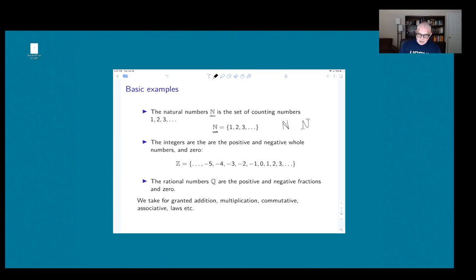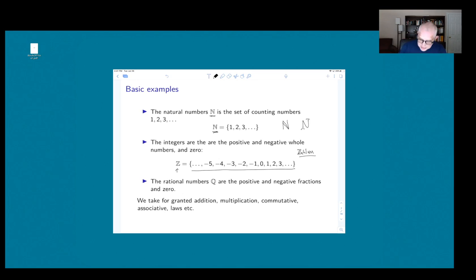In addition, you have the integers, which are the positive and negative whole numbers together with 0, and I've written those here. Those always get the letter Z for their description. That goes back to the German word Zahlen, which means number, and somehow that initial Z got attached to the set of integers. And then we have the set of rational numbers, which are the positive and negative fractions and 0.